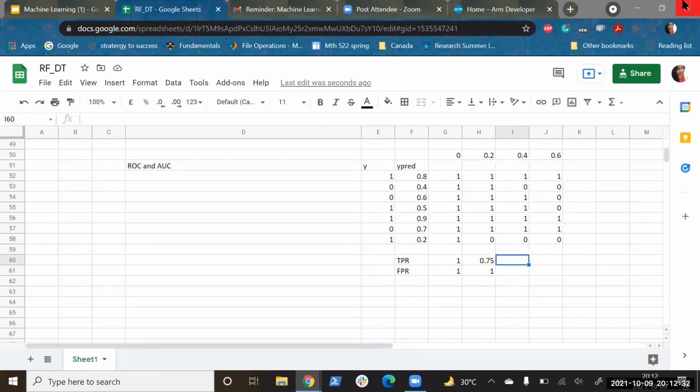Next comes 0.4. That would be a true positive rate of 0.75, and false positive rate 0.66. And for 0.6, you have a true positive rate of 0.5, and the false positive rate would be 0.33.